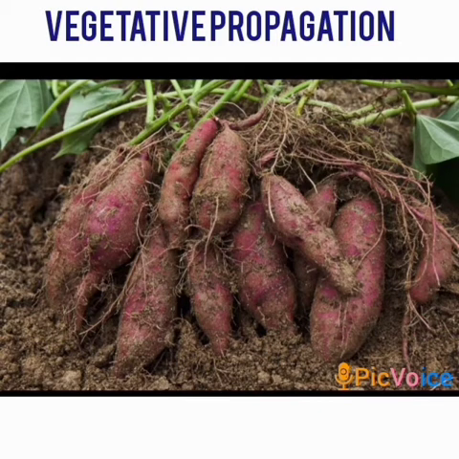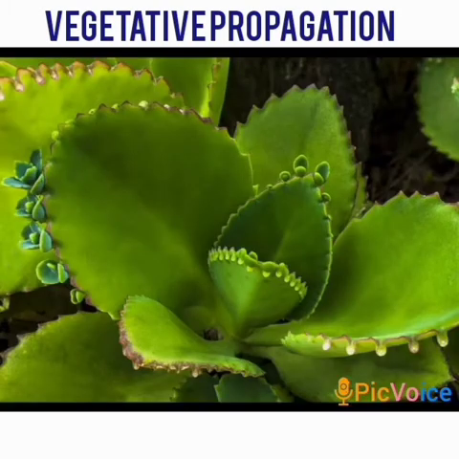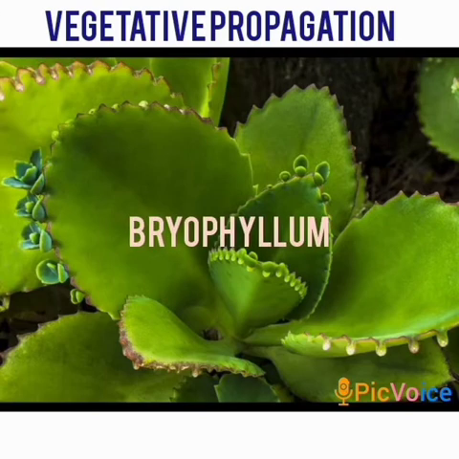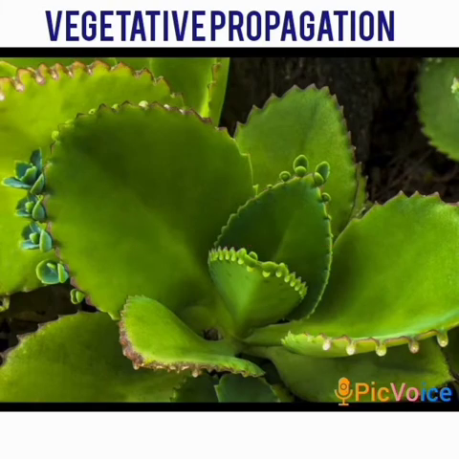In sweet potato, adventitious buds develop that break off from the root and form new plants. Children, can you identify this plant? This is bryophyllum. For this plant, the vegetative part that is used for propagation is leaf. The buds produced in the notches along the leaf margin of bryophyllum fall on the soil and develop into new plants.